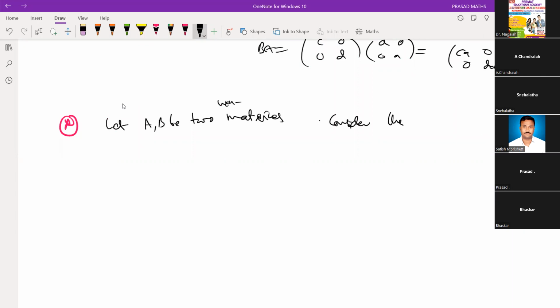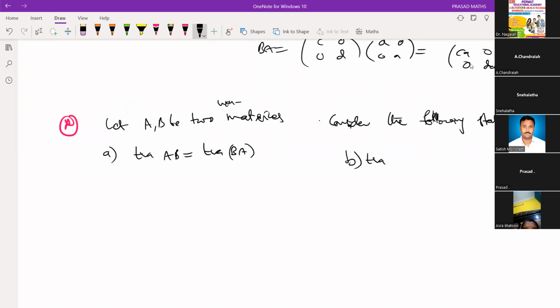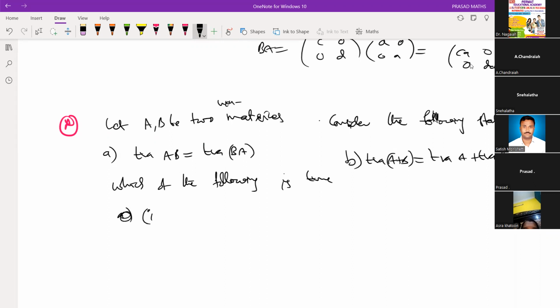First, trace of AB is equal to trace of BA. Second, trace of A plus B is equal to trace of A plus trace of B. So which of the following is true? Option 1: A only.